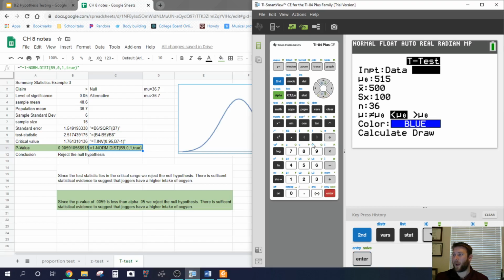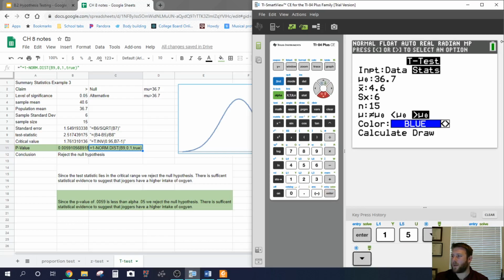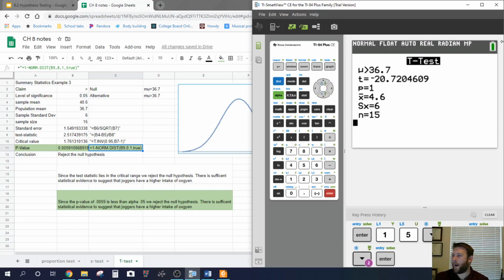T-test, which by the way is the more common of the two. And we're going to go ahead and put in our information. Our population mean is 36.7. Our sample mean is 40.6. Standard deviation of 6. Sample size of 15. We are talking about a greater than situation because of our alternative hypothesis.